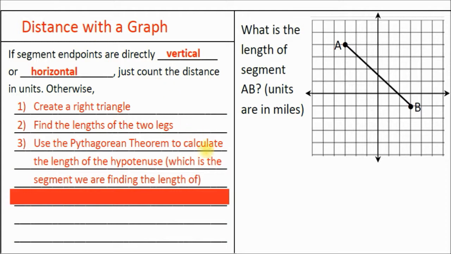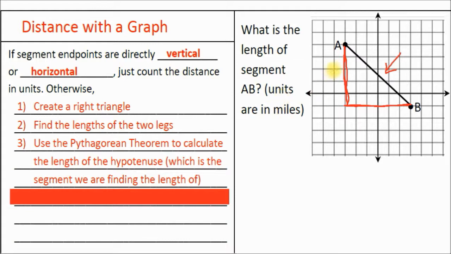Okay, step 3. We're going to use the Pythagorean Theorem to calculate the length of the hypotenuse. When we create a right triangle, that's a terrible line there, but bear with me as I try to draw straight lines for you. As you make a right triangle here, the hypotenuse, which is this side right here, is the length or the distance we're trying to figure out.